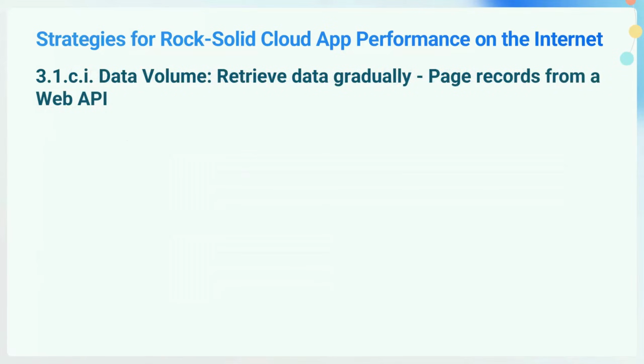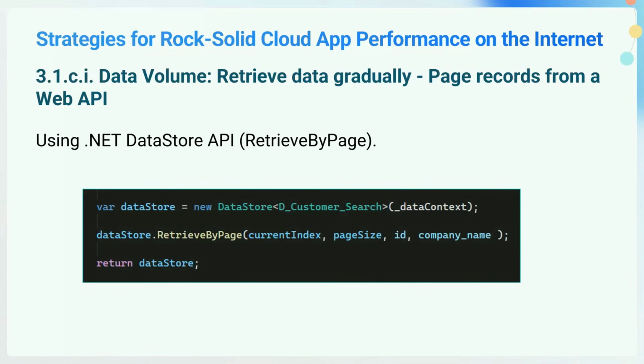If you don't want to use database pagination, or simply prefer not to modify the DataWindow query, you can implement record pagination through a web API. The most natural option for a PowerBuilder or .NET developer is to use the new .NET DataStore, which provides a more powerful API for data management, along with easy-to-use functions for any programmer.